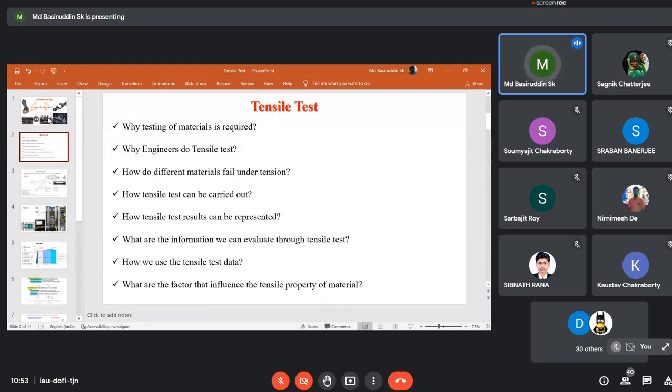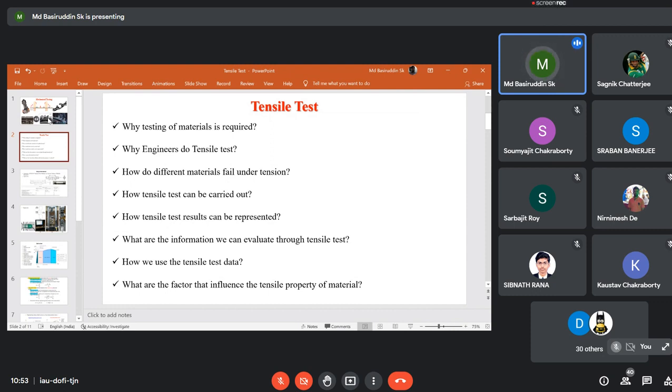By plotting the tensile test results, we can separate the regions quite clearly. Now the question is, how do different materials fail under tension?